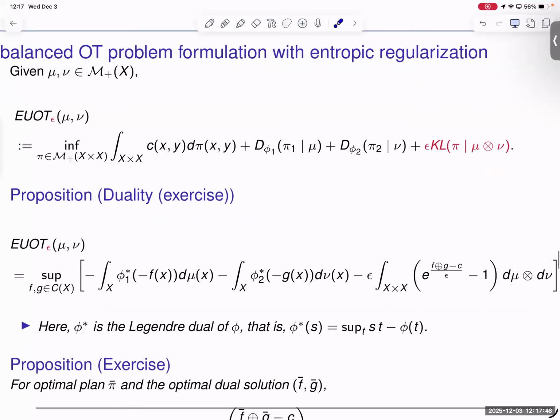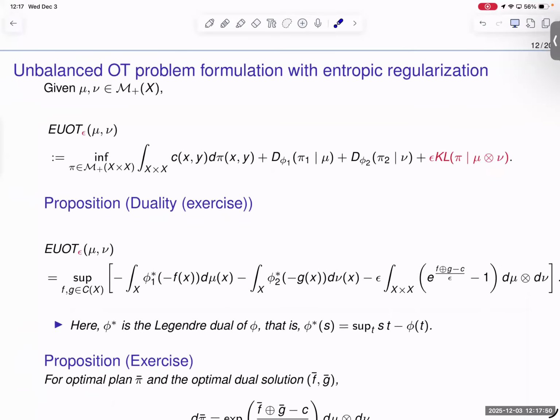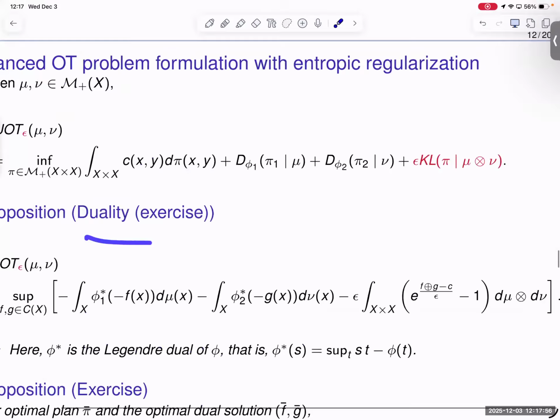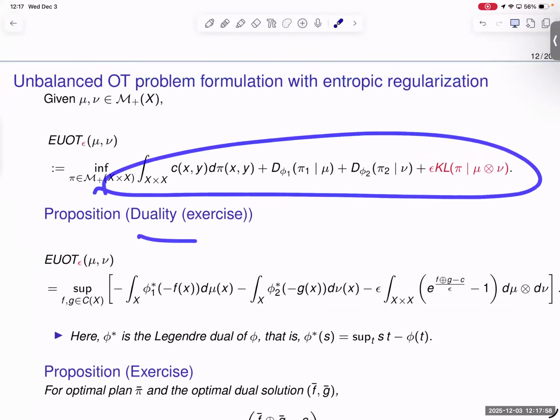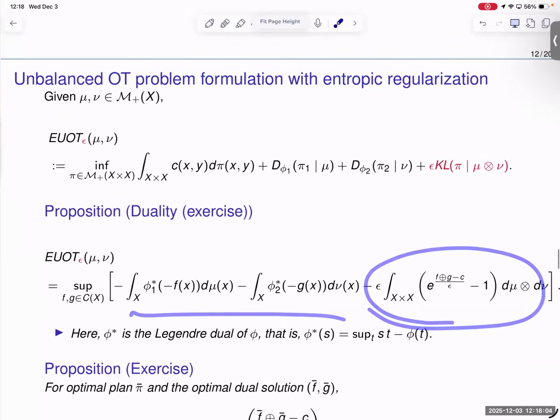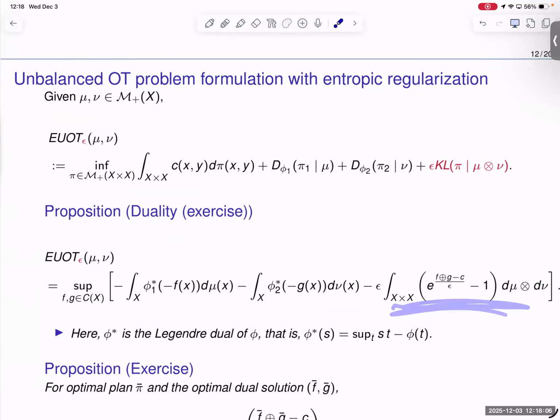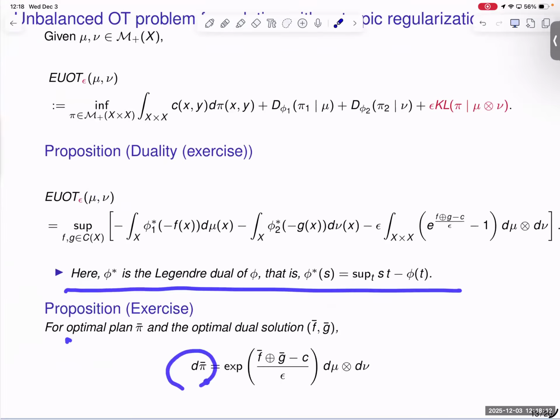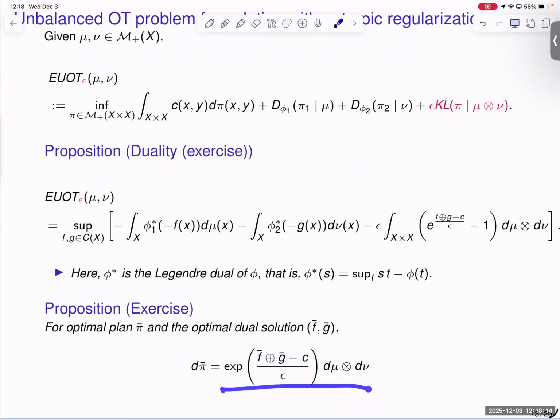And the key underlying fact they are using is this duality here, that this infimum problem has this supremum problem. Here there's no constraint, but you have this additional functional in the duality. And the point is, the optimal plan is given exactly as this.